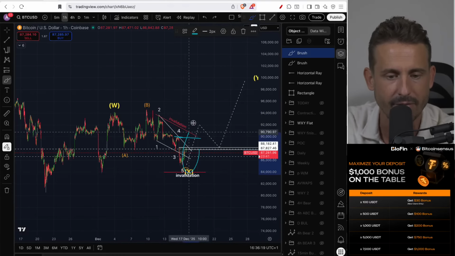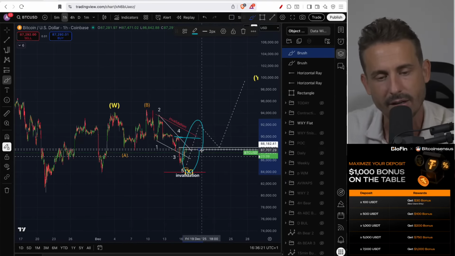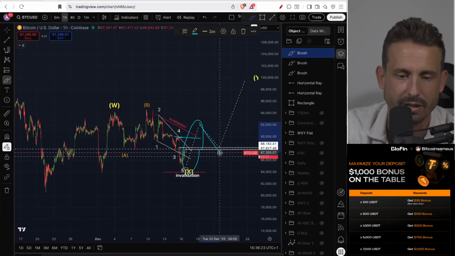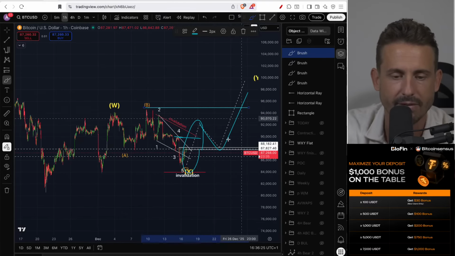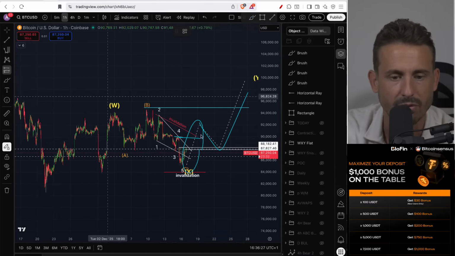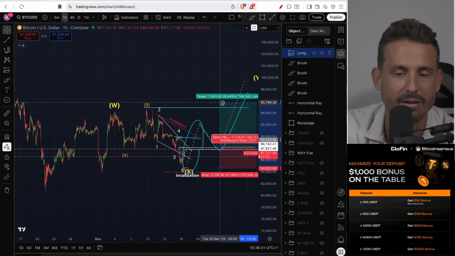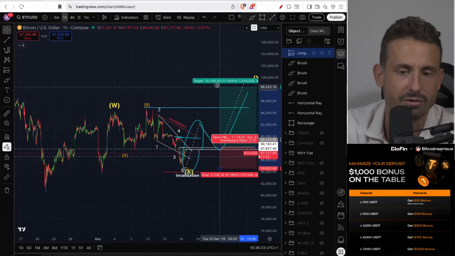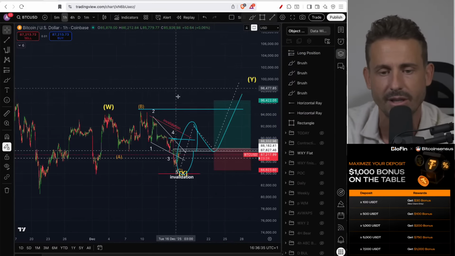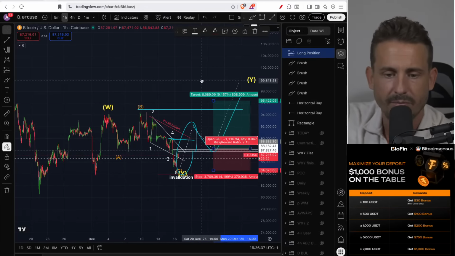So you need a 5-wave impulse to get above 90k. The correction is going to be very lucrative to get above 95k. This is where you're looking for the long positions all the way up to above 95k, potentially 100k. We'll see.